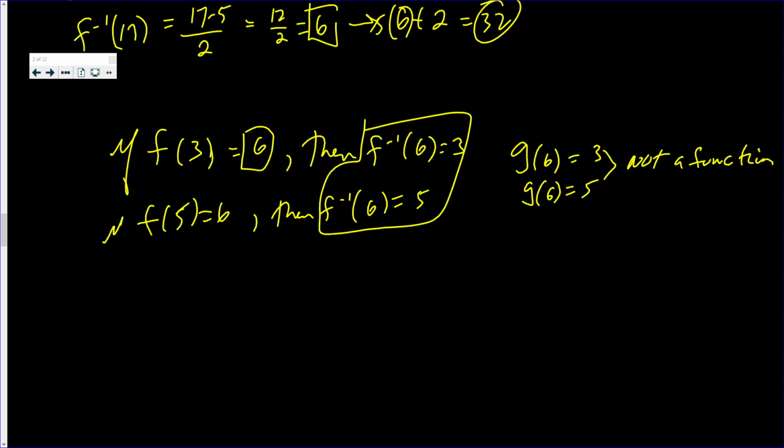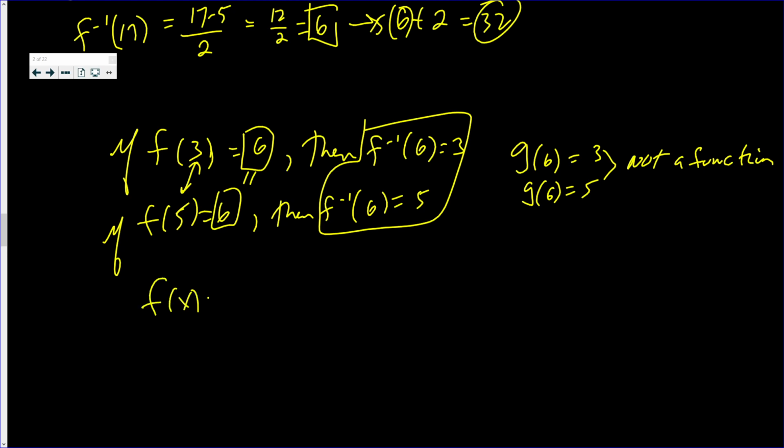It must be 1 to 1. You can't take f of different numbers and get back the same number. For the inverse to exist, the inverse is a function. So before you can even talk about finding inverses, you have to have a 1 to 1 function.